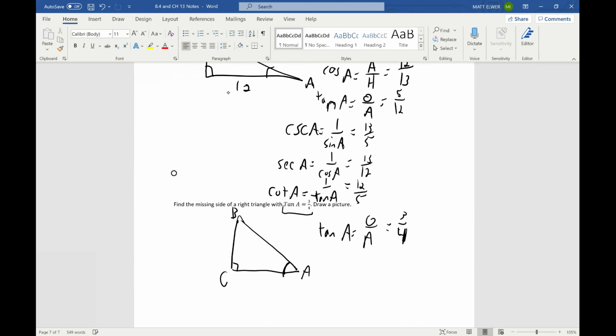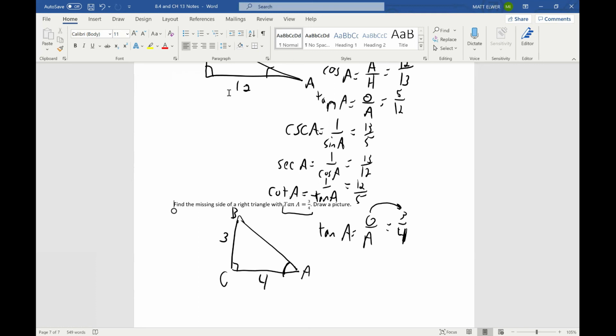So we can say the opposite side of A is going to be 3, just by inspection. We know that the numerators are going to have to match. So the opposite's 3, and we know that the adjacent has to be 4, just from the tangent that we're given.